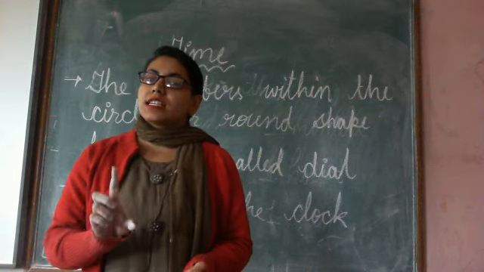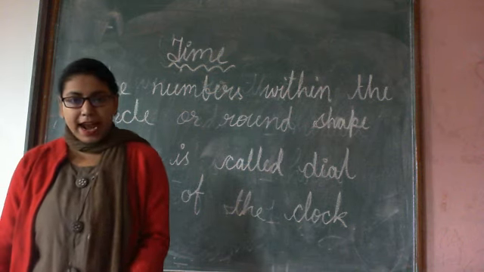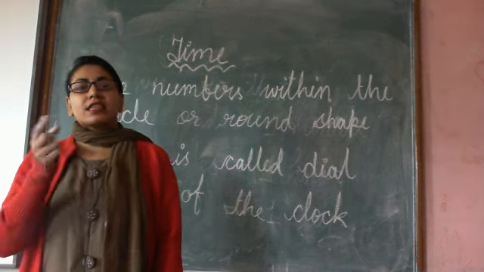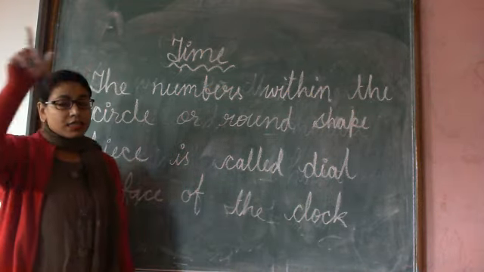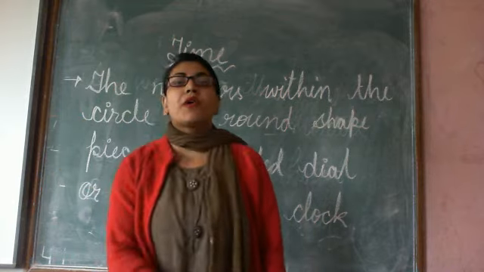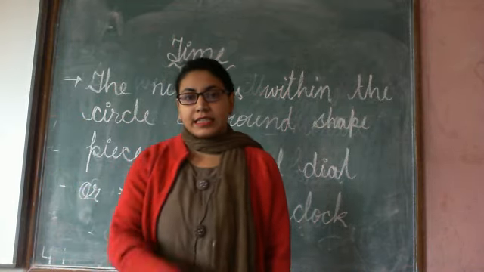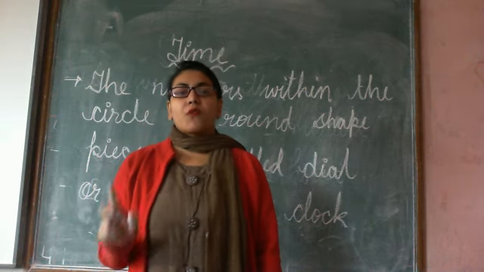The short hand is the hour hand because it shows hours, and the long hand is the minute hand because it shows the minutes. The minute hand moves faster than the hour hand, and once the circle is completed from 12 to 12, the minute hand completes 60 minutes, and 60 minutes is equal to 1 hour.